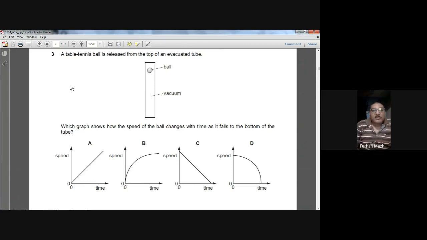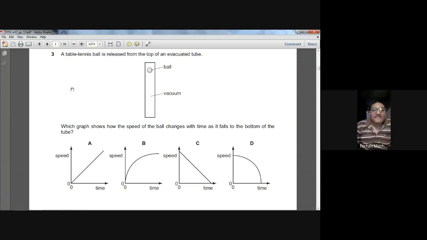So you see, when a body falls in a vacuum, its acceleration remains constant. So if I draw a speed time graph, the graph will be an inclined straight line. Choice A is showing a speed time graph which is an inclined straight line.